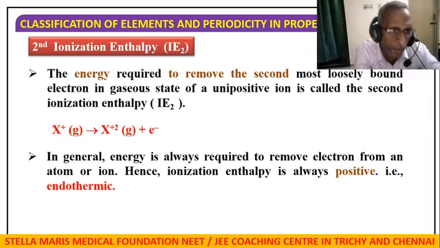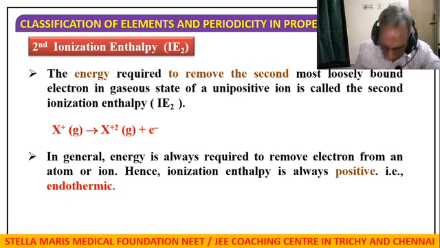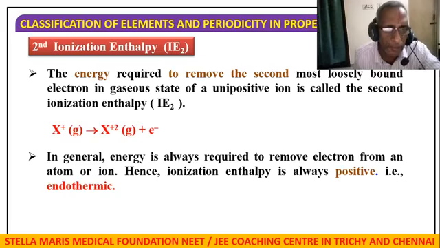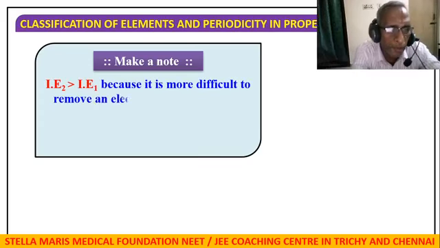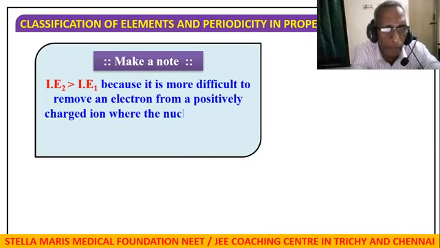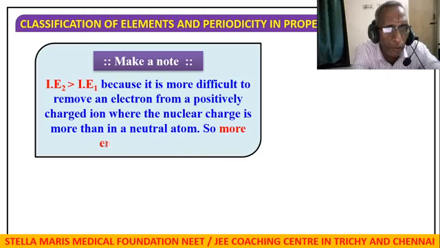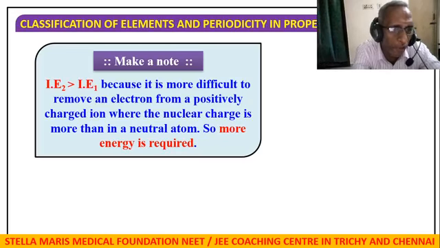Ionization potential is always positive; this is an endothermic reaction. The first is the least, the second is medium, like that. Ionization potential 2 is greater than 1 because of the difficulty of removing an electron from a positively charged species. Already we have discussed.